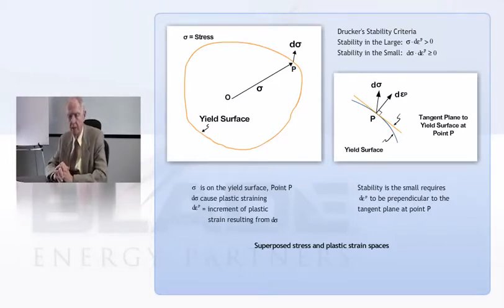It's an attempt to get a more general relationship between the yield surface and the plastic strain increment that occurs when the stress reaches the yield surface. And this more or less characterizes a lot of the things that Drucker did.